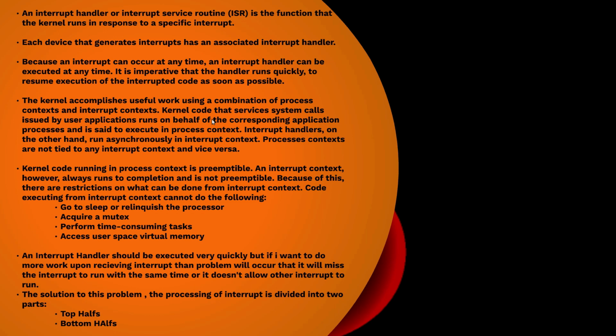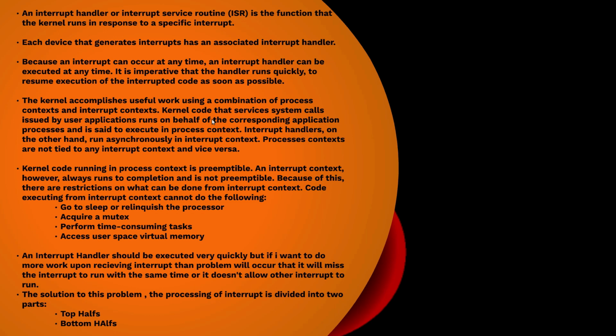The kernel code that services system calls issued by the user application runs on behalf of the corresponding application process and is said to execute in a process context. Interrupt handlers, on the other hand, run asynchronously in interrupt context. Process context and interrupt context are not tied to each other, and vice versa.